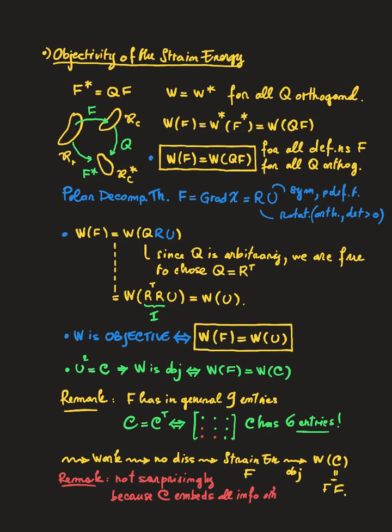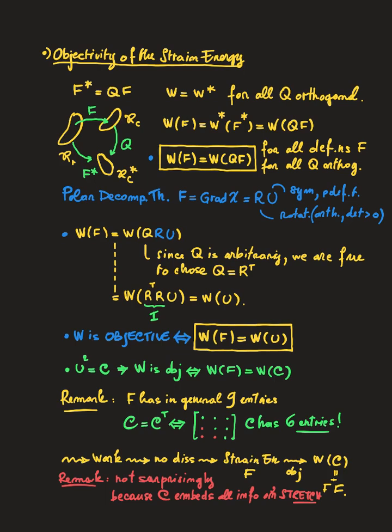When we talk about deformation, to be more clear, I should say that C embeds all information on the stretch. So any local deformation changing the relative distance of points is solely measured by C. So this is very, very interesting to see that objectivity led us to this.